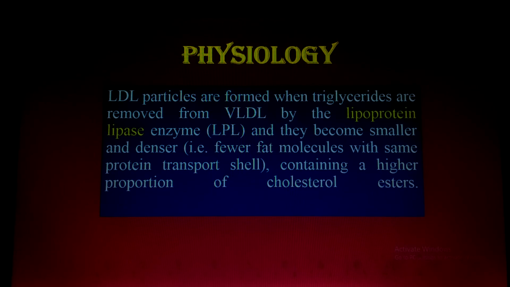Must keep it in your mind. When triglyceride is removed from the very low density lipoprotein by the lipoprotein lipase enzyme, they become smaller and denser particles, and these particles are known as LDL. Is it clear to you how the LDL is produced?